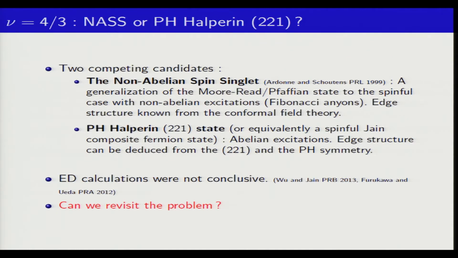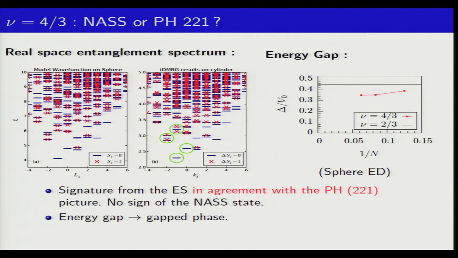People already tried to discriminate between these two proposals, mostly using exact diagonalization. But unfortunately, none of them is conclusive in favor of one or the other. So can we revisit this problem using iDMRG? The answer is yes. And once again, we use the same probe to distinguish between the two proposals, namely the entanglement spectrum.